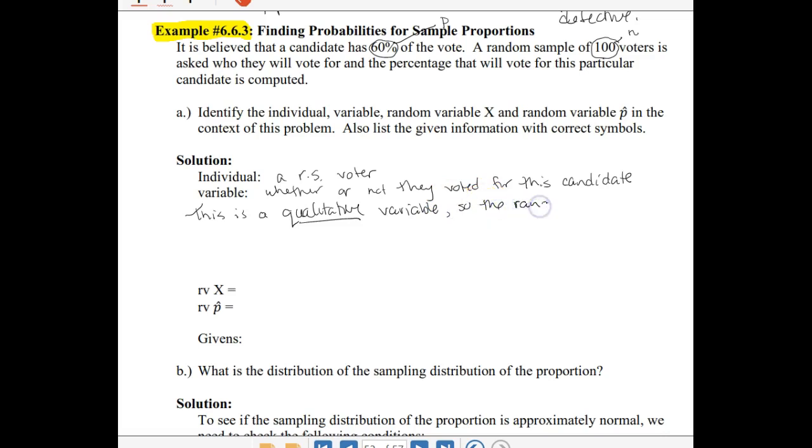So the random variable, remember random variables are always numbers.